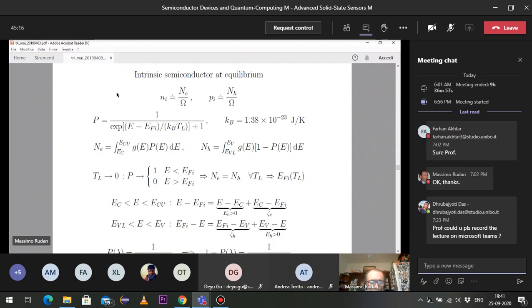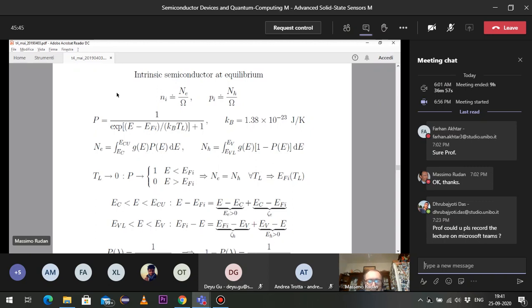So there are no impurities in the material. So by definition, this semiconductor is uniform in space. Okay, every physical point in space has the same physical properties of any other physical point in space. Okay, and we are in the equilibrium condition, so we can use the Fermi statistics.